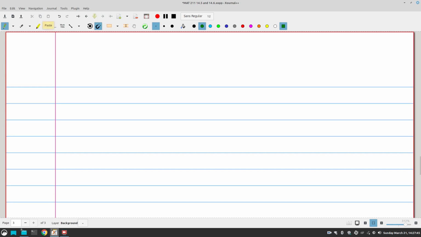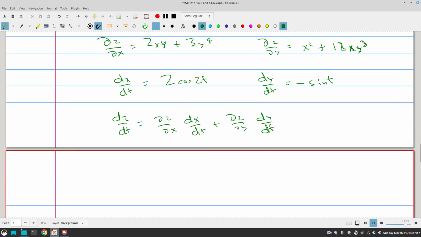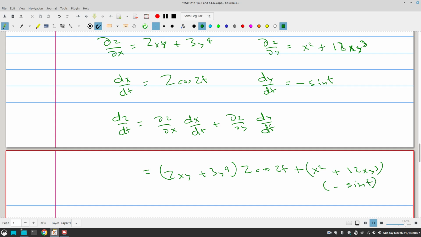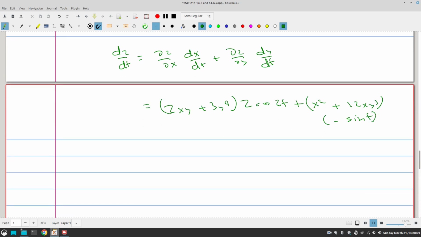And you just plug all of this in. Dz over dx is twice xy plus 3y to the 4, dx over dt is 2 cosine twice t, dz over dy is x squared plus 12xy cubed, and dy over dt is negative sine t. And you get dz over dt. You can always write it in terms of t if you wish, which is entirely up to you.